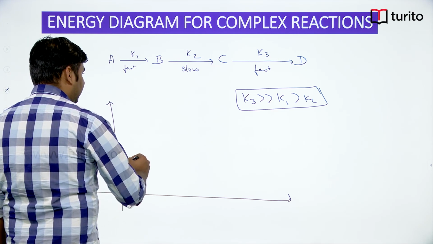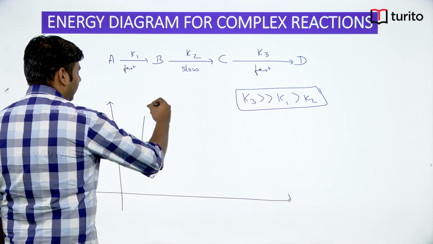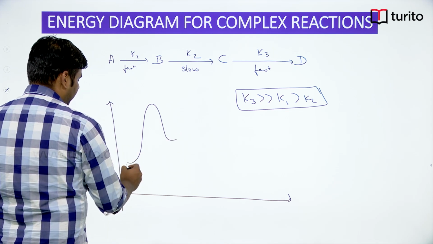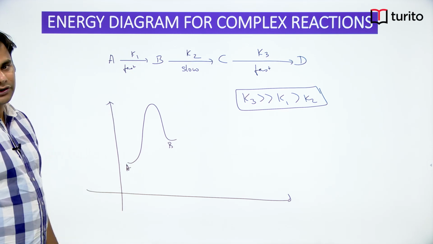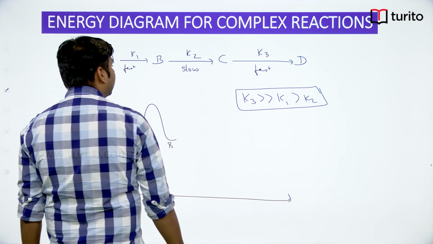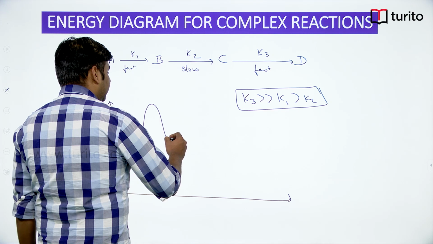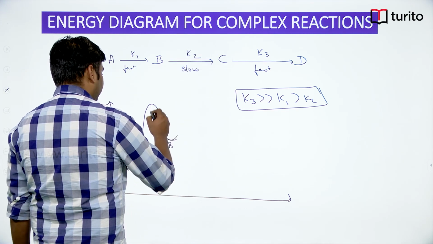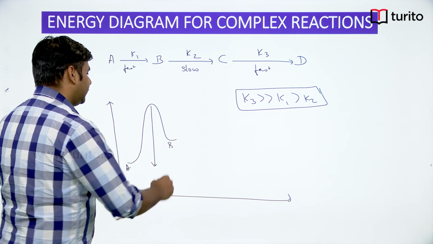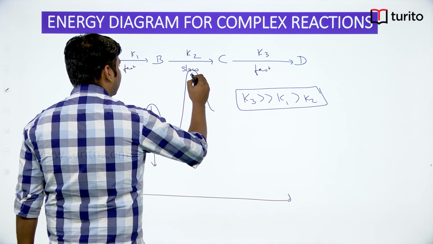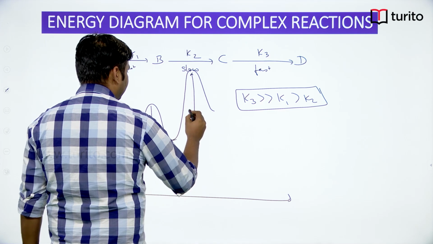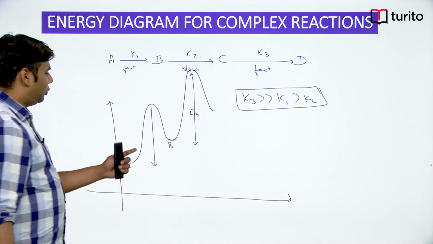Now the first reaction, suppose this is A and this is B. This is A transforming into B, and this is the transition state related to it. Now when B is transforming into C, this is a slow step, so this activation energy would be more than the previous activation energy. Make sure that you are drawing something like this, so that you can clearly see that this activation energy is more than this.